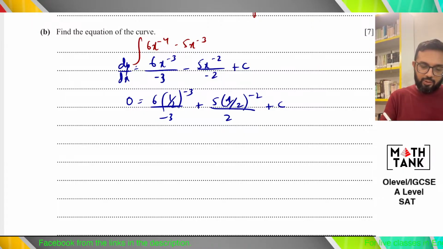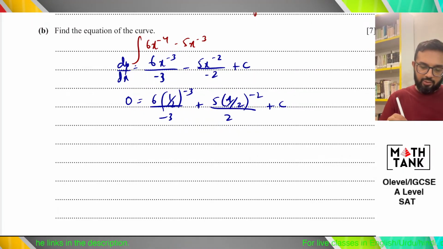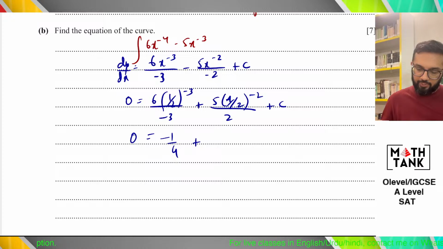Okay, so let's just do the calculations on the calculator. I messed up the calculations earlier. So 6 into 0.5 cubed divided by -3. So that gives me -1/4. 5 into 0.5 power -2 divided by 2.